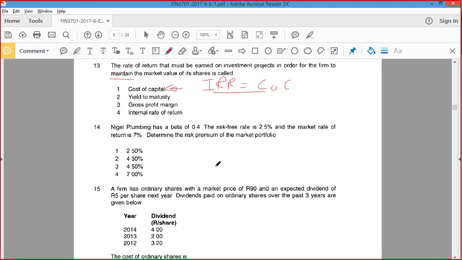Just to get my understanding right: if the internal rate of return matches the required rate of return, say the shareholders want 12% back, and you put in 12% and get the same as the cost of capital, the net present value comes to zero.